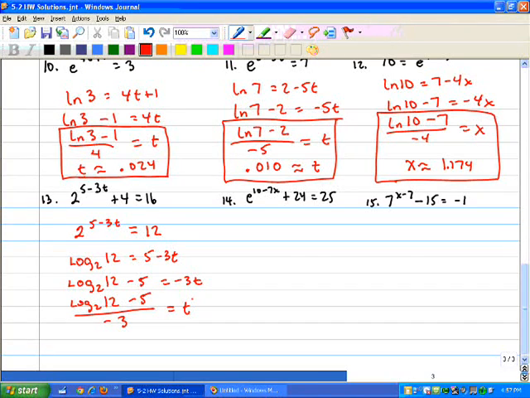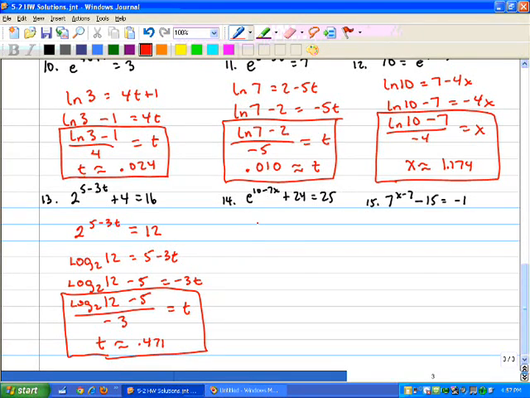That's our exact form answer. Now, to evaluate in the calculator, log base 2 of 12 is ln 12, close parentheses, divided by ln 2, close parentheses, minus 5, hit enter, then divide by negative 3, and enter again, and our decimal approximation is 0.4716, or 0.471 or 0.472, depending on whether or not we round or chop.